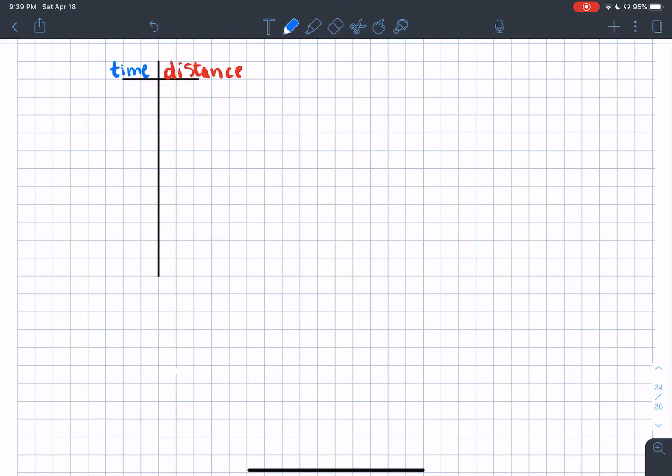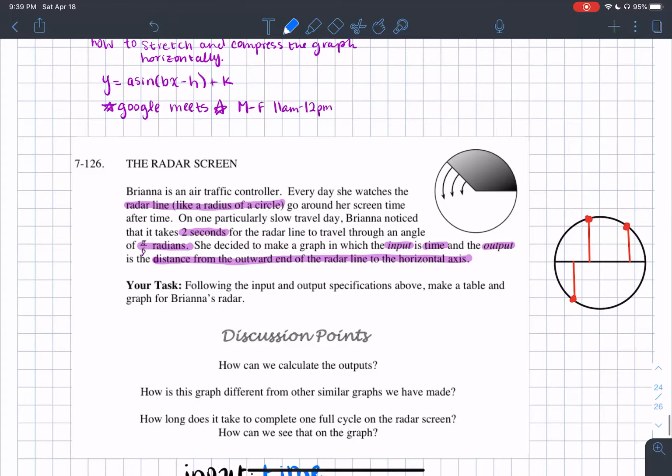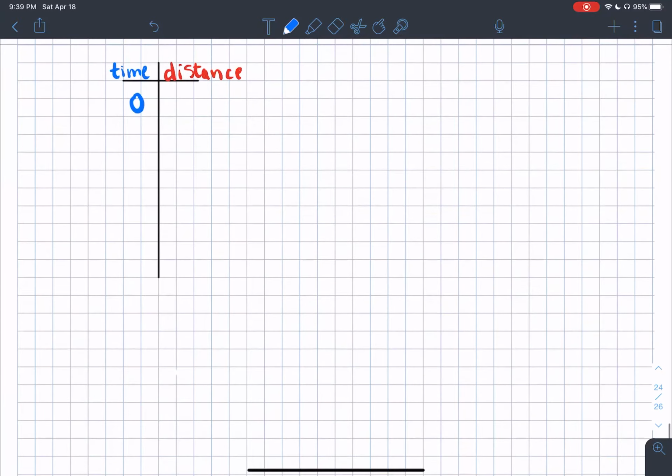Now that you've thought about how to fill in this table, let's talk about values we could use for time. We can't have negative time, so the lowest value we could have is 0. We're counting how it moves every 2 seconds, so let's go ahead and count by 2: 0, 2, 4, 6, 8, 10.